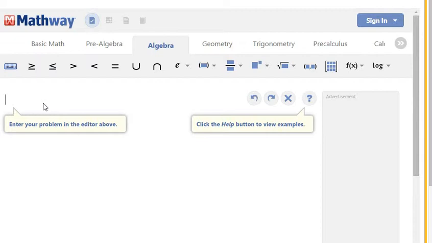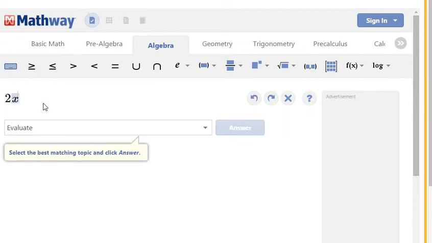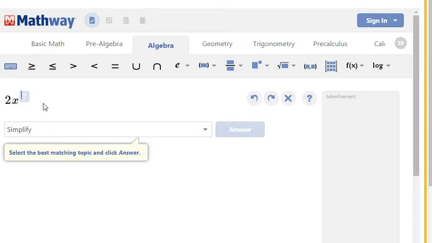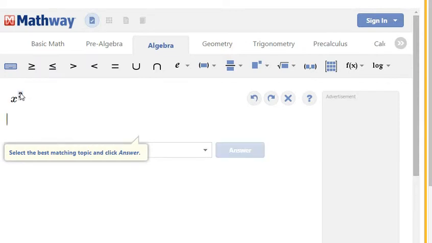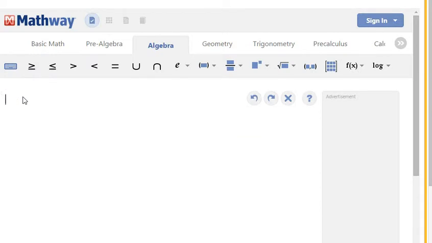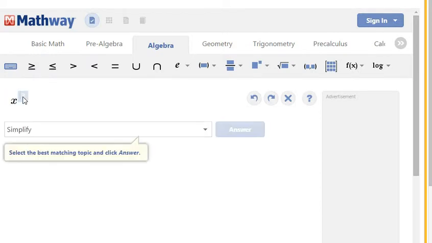So I'm going to graph 2 times x raised to the third. Oh wait, let's do the parent function first, right? X raised to the third. And so now what I want to do with that, whoops, I gotta delete it. X raised to the third.